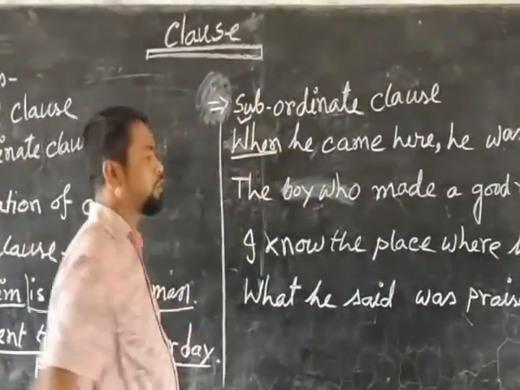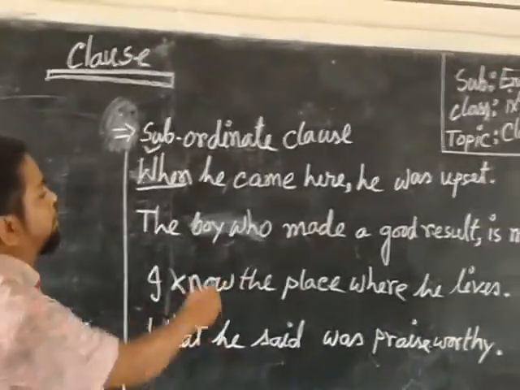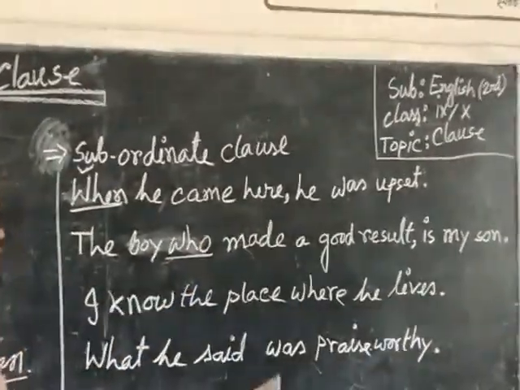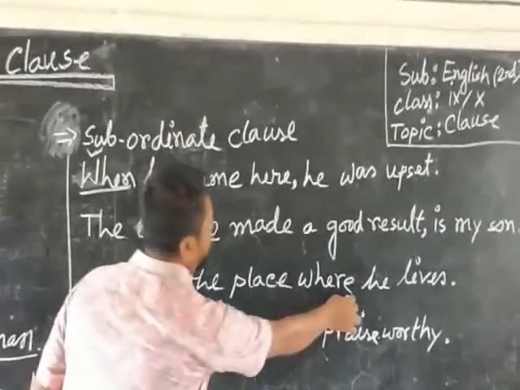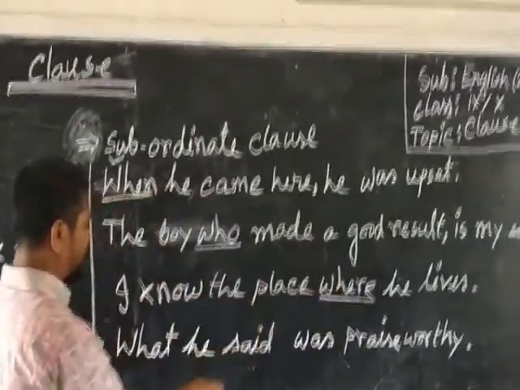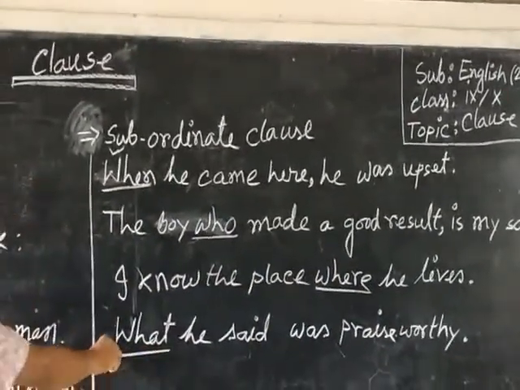When, subordinating conjunction. Here, who, subordinating conjunction. Here, where, subordinating conjunction. What, subordinating conjunction.